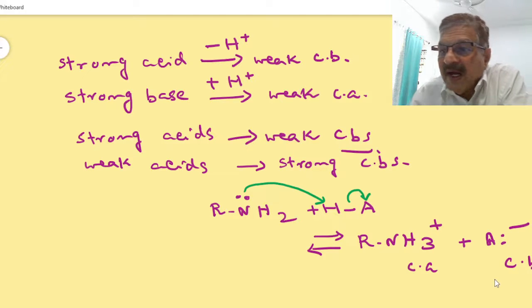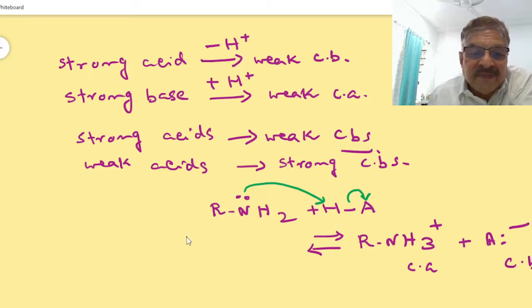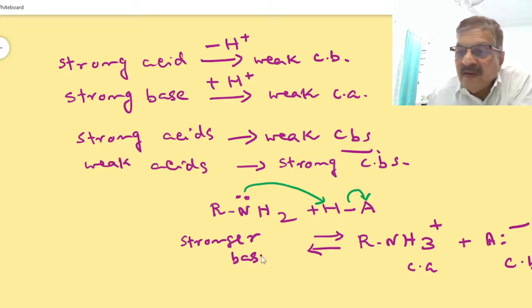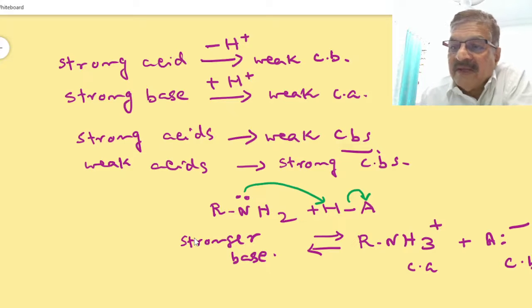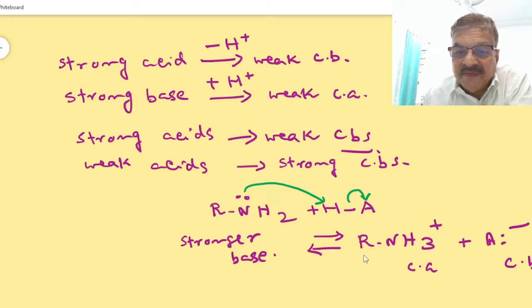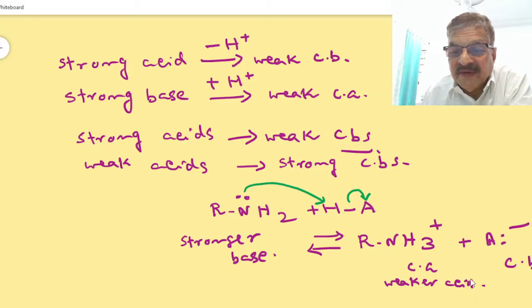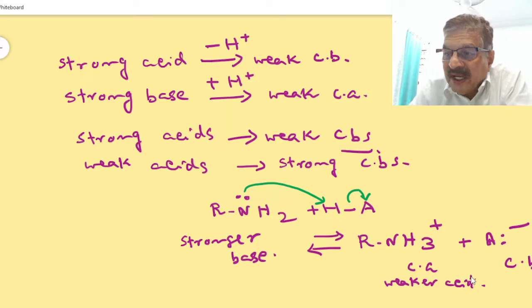Now RNH2 is a stronger base, and it is giving a weaker acid. A strong base will give a weak acid. The weaker the conjugate acid, the higher the pKa and the stronger the base.